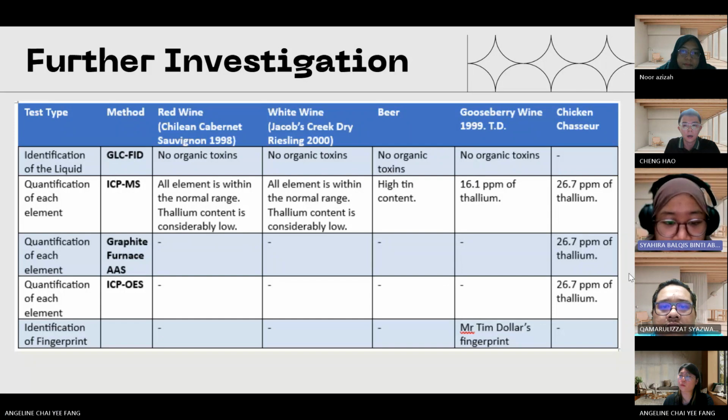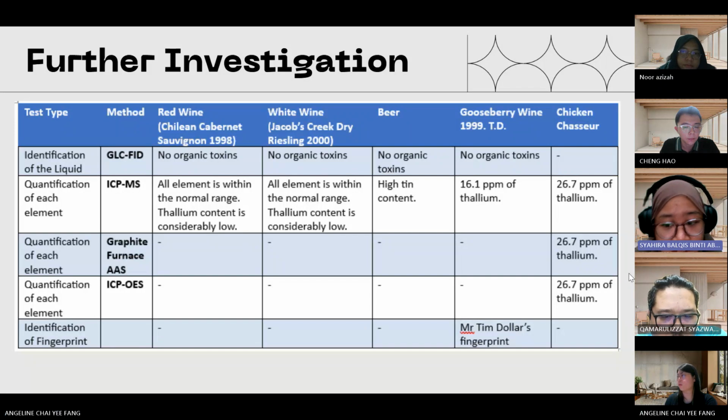However, the gooseberry wine showed a concerning thallium concentration of 16.1 ppm, and the chicken chaser contained an even higher level of 26.7 ppm. This suggests that these 2 items were the primary sources of thallium exposure.